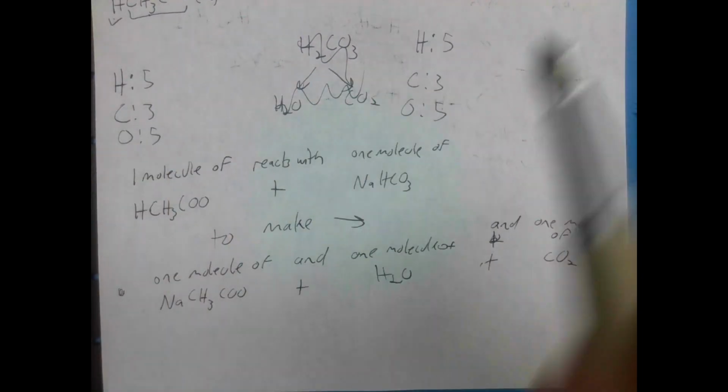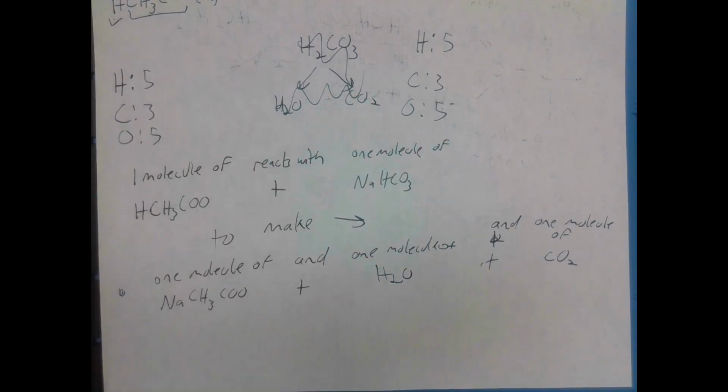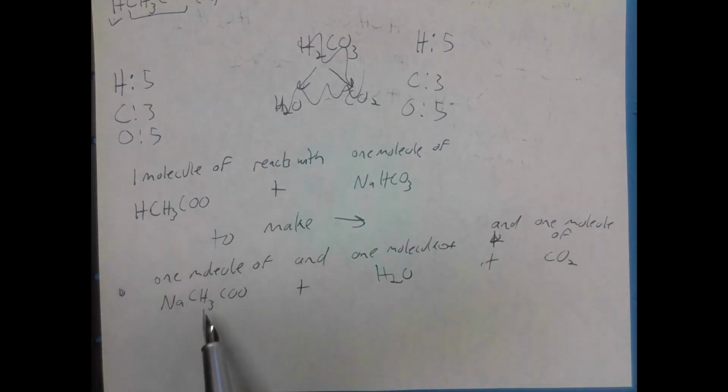So this is what this entire equation tells you. If we take one molecule of vinegar and react it with one molecule of sodium bicarbonate, we get one molecule of sodium acetate and one molecule of water and one molecule of CO2.